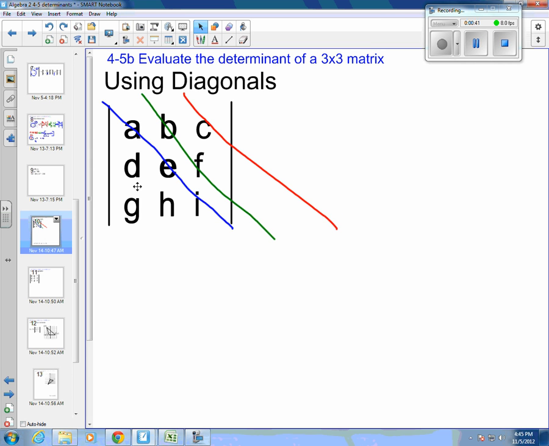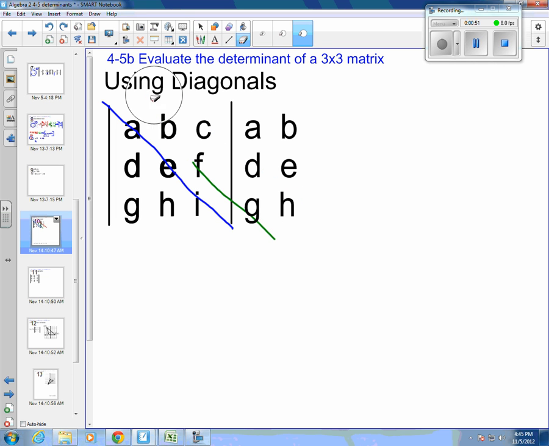So if I copy these first two columns over again, and let me erase those lines off of there so that they'll line up better. Now my second diagonal would be B, F, and G, and my third diagonal would be C, D, and H. And those are my diagonals coming down.